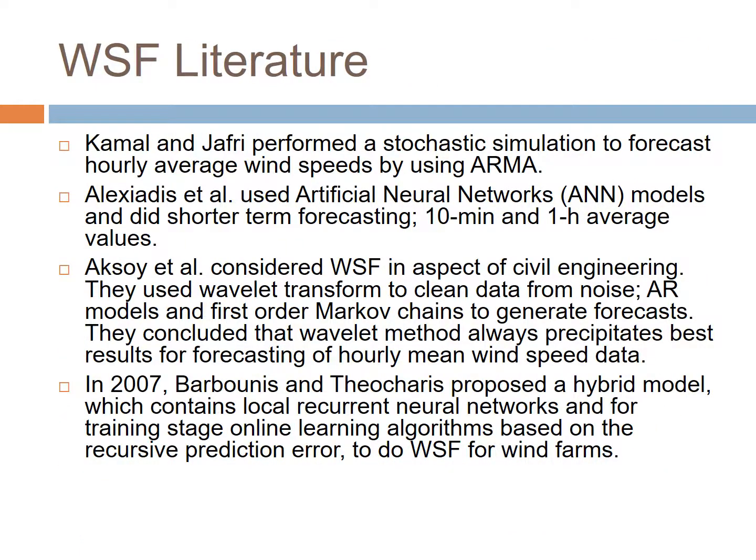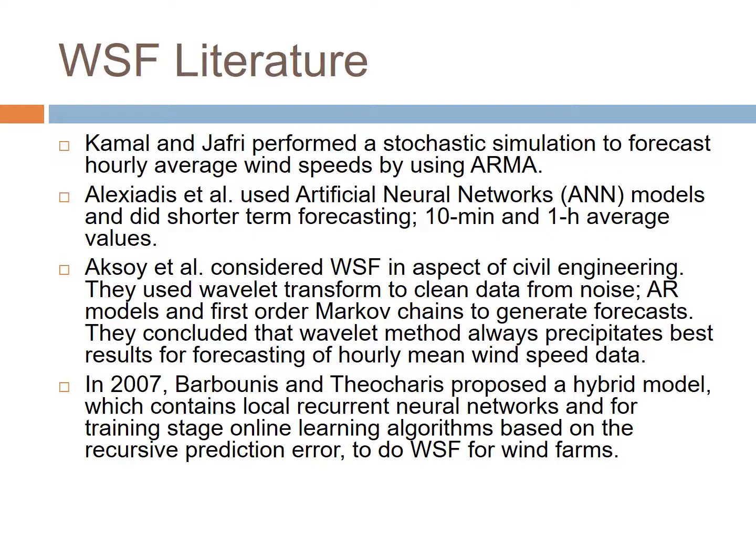When we look at the literature, we will see that autoregressive moving average or autoregressive integrated moving average methods and neural network methods are usually studied in wind speed forecasting. Markov chains are studied.